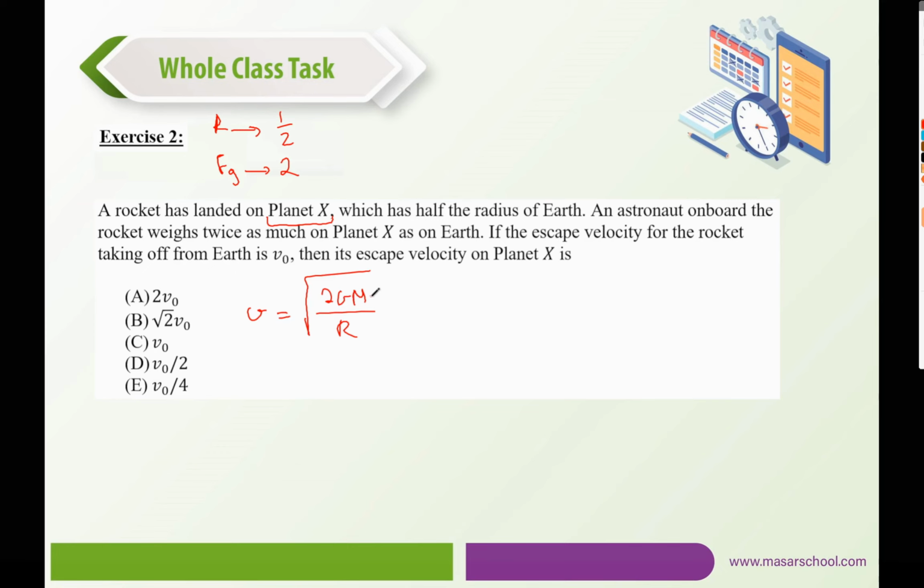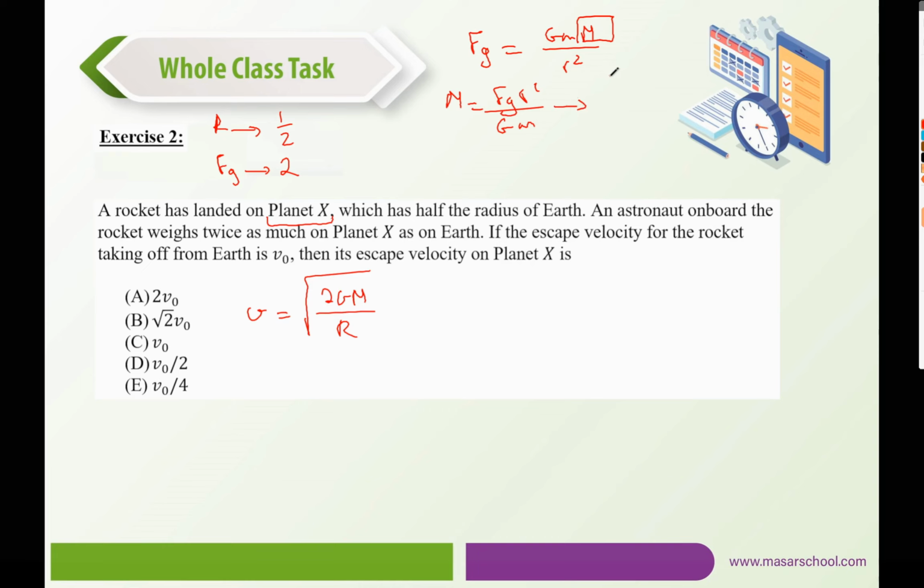It's left to determine how the mass of the new planet changes in terms of the mass of the Earth, and this can be determined from Fg equals GMm divided by r squared. We're interested in determining how M changes. Then M is given by Fg r squared divided by Gm, where m is the mass of the rocket that doesn't change. Now we can apply the factors of change.